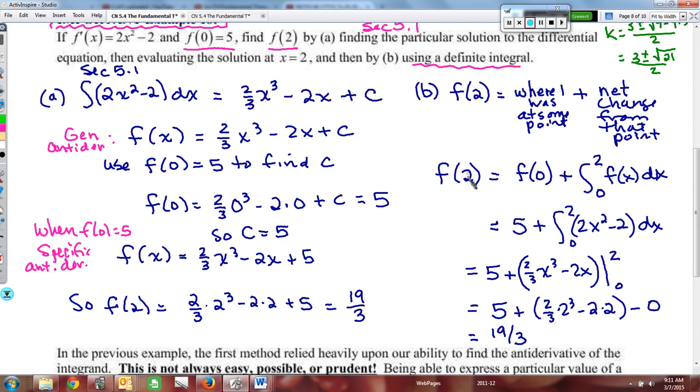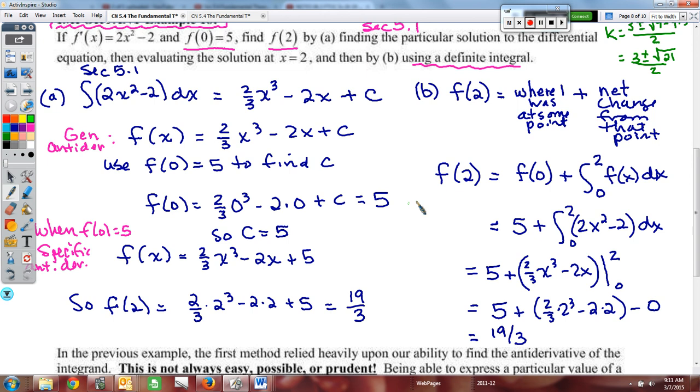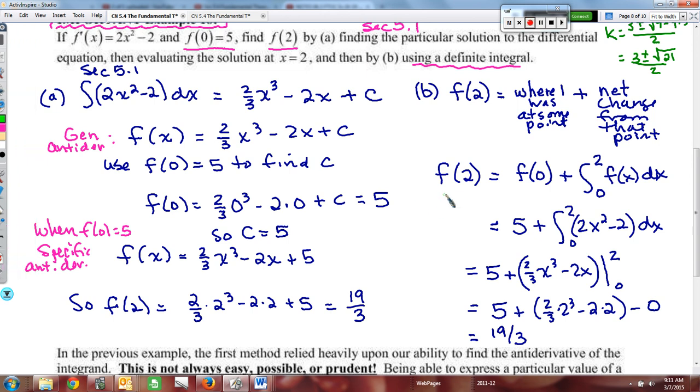Or I can directly calculate f of 2 by taking where I was and adding it to the net change that occurred from where I was to where I currently am. Now this is going to be important because there will be times where we may not be able to find a general antiderivative, yet we have information that will allow us to calculate this definite integral. So we are going to practice using this method quite a bit because it's very important.